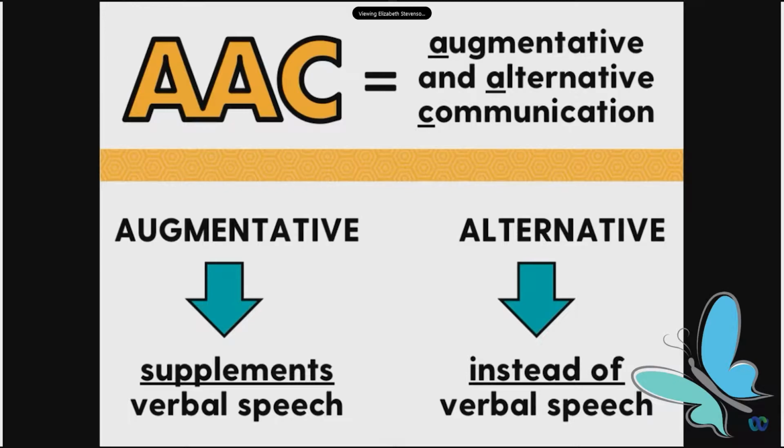Alternative means something that replaces or is instead of verbal speech. So that might be using a tablet to communicate, an iPad, using a PECS system, which I will explain later if you're unfamiliar with that. So AAC is basically something that either augments or is in place of our verbal speech to help facilitate greater communication.